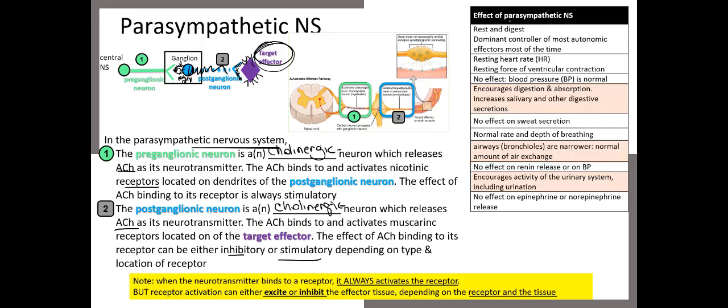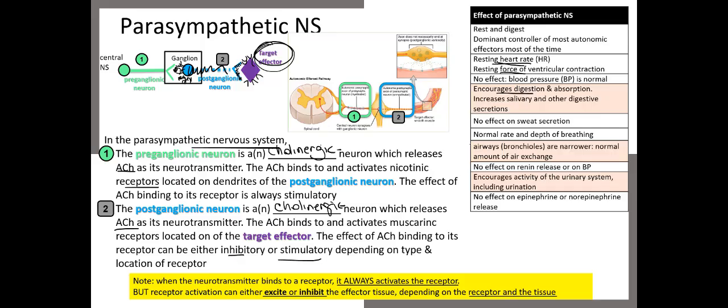So, for example, if acetylcholine binds to its receptor in the heart, it slows down heart rate and decreases the force of contraction of the ventricles. When it binds to muscarinic cholinergic receptors in the digestive tract, it speeds up or encourages digestion and absorption.